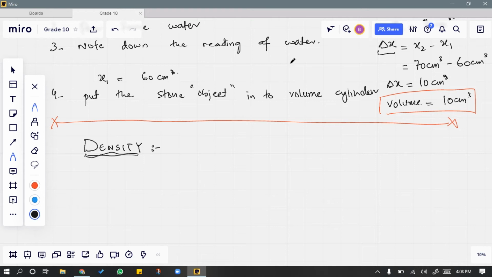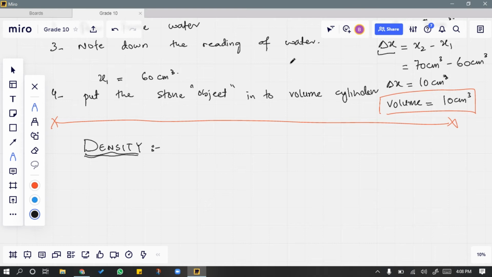Density is a property of an object, or a property of a mass, where it is more concentrated. In scientific terms, we call it a ratio of mass to volume, or a ratio of mass per unit volume, like how much mass any object contains in 1 centimeter cubic of volume, or in any specified amount of volume.